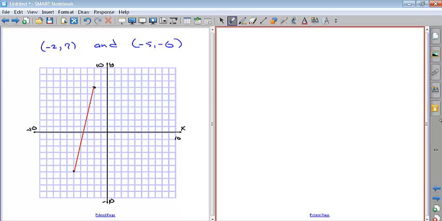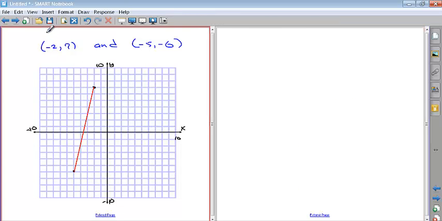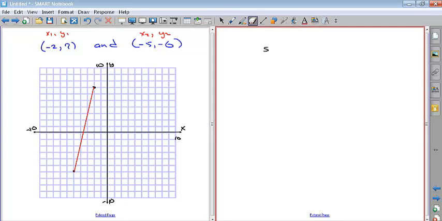What I'm going to ask you to do is write these above the numbers: x1, y1, x2, y2. The equation for the distance is the square root of (x2 minus x1) squared plus (y2 minus y1) squared.